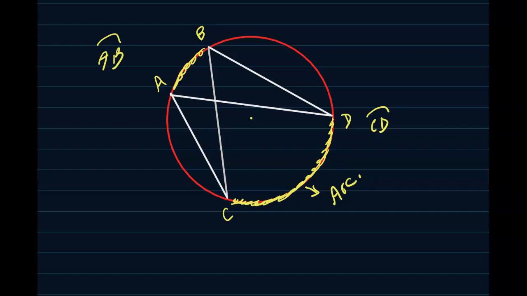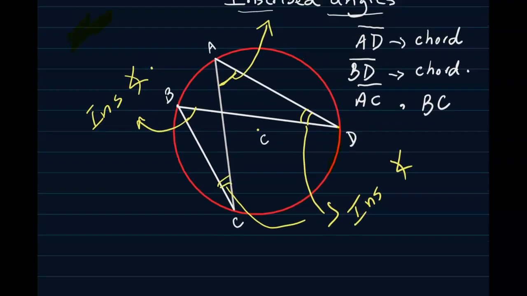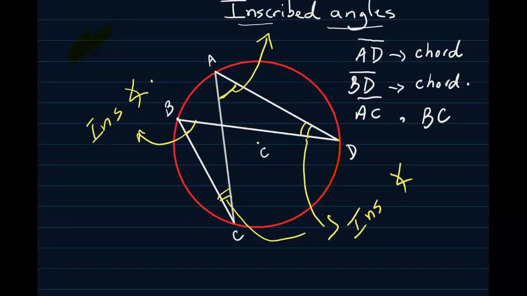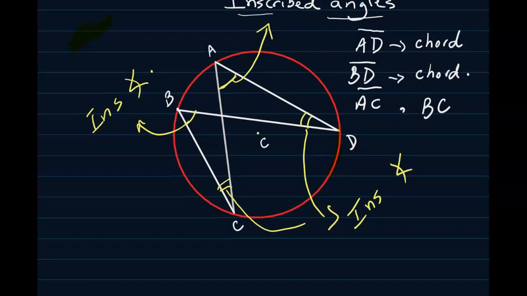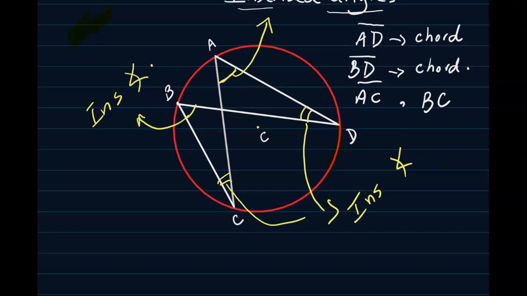So we have the arc, we have the chords, we have the inscribed angles. Now we can talk about the relationship, and it's very easy. If you have two inscribed angles, let's look at the two inscribed angles, B and C, right here and right there.